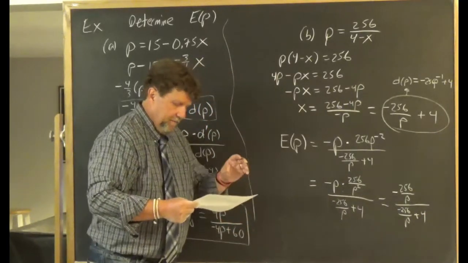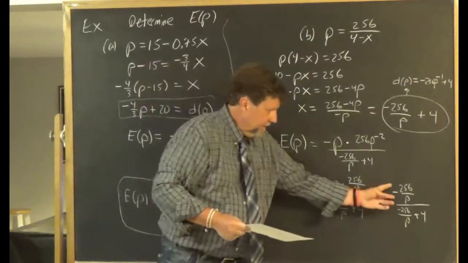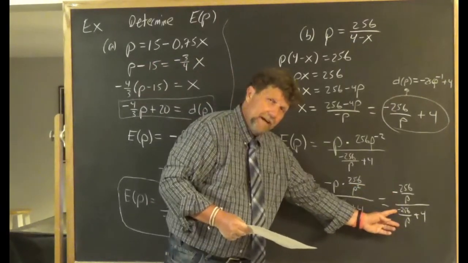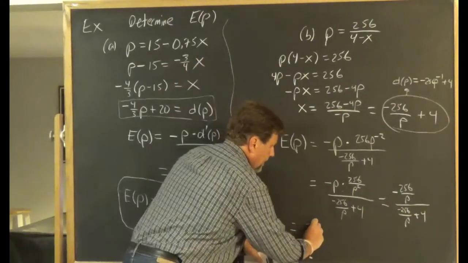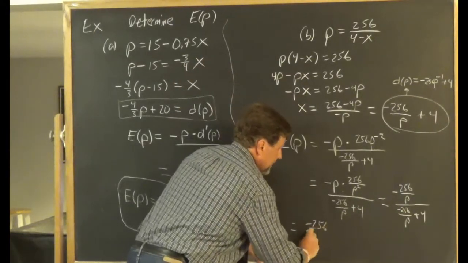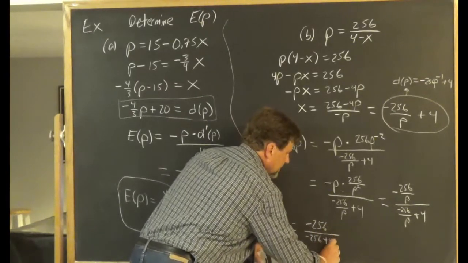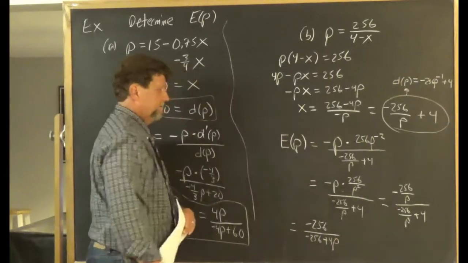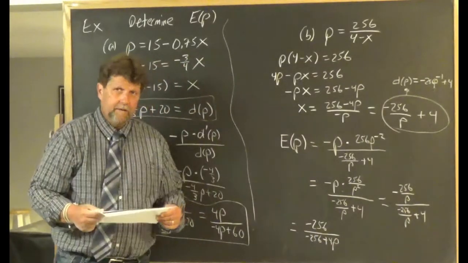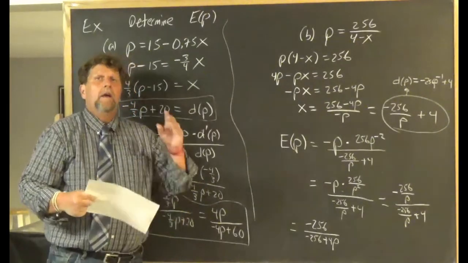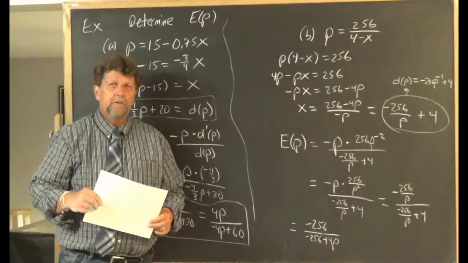And if I multiply the numerator and the denominator by P, I get negative 256 over negative 256 plus 4P. That's all there is to it. So let's head back to the slides and see what we're going to do with this.